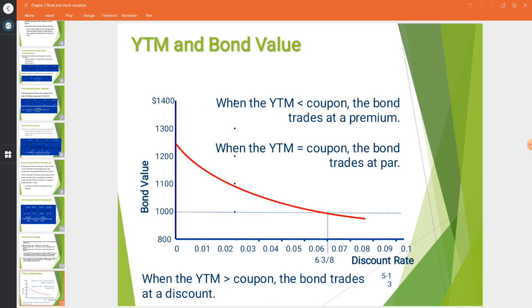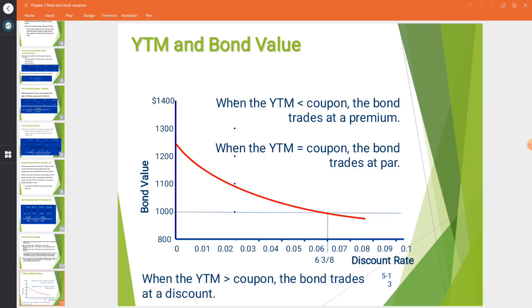Here, this is a figure. In this figure, we are going to explain the relation between YTM and coupon rate. Here, give a look. We have two axes.